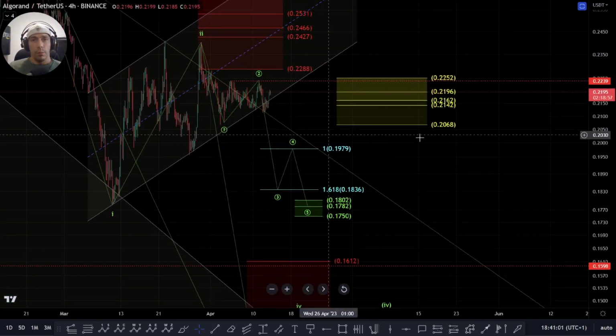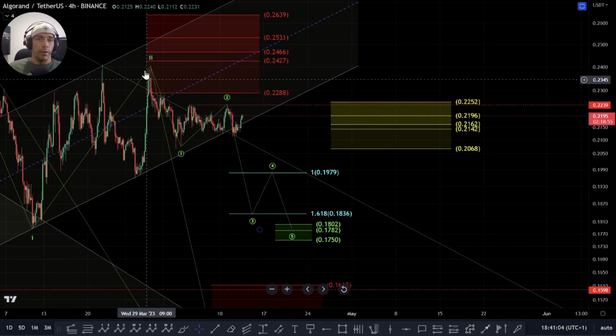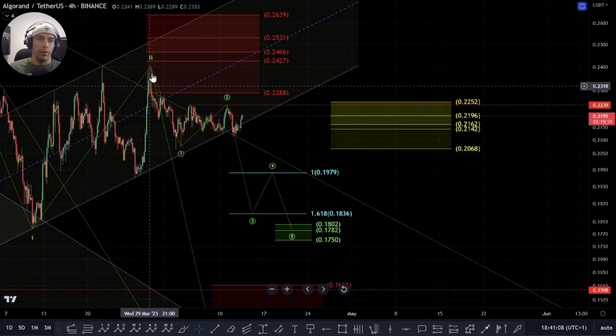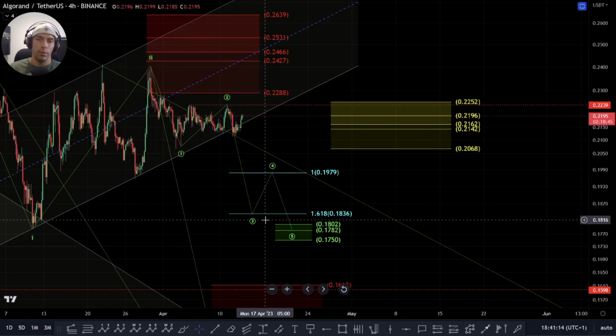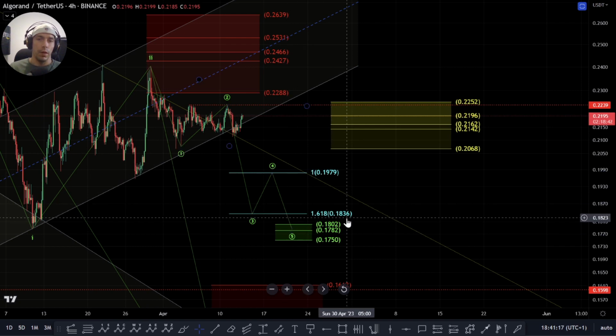So within this, it's the same kind of idea. What we'd be looking for on this, though, would be that we'd rather look at this potentially as a wave 2 here, and then we would look for this as a potential wave 1, 2, 3, 4, and 5. So the confirmation would come here at this 1836.